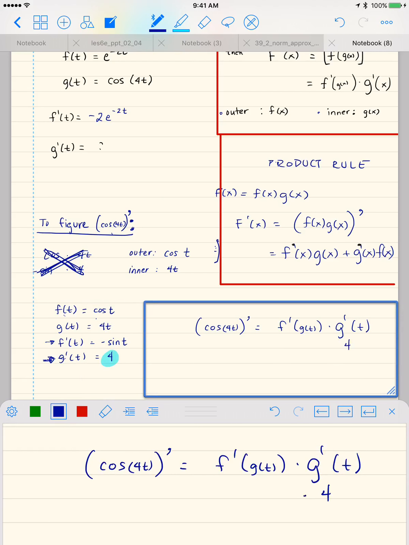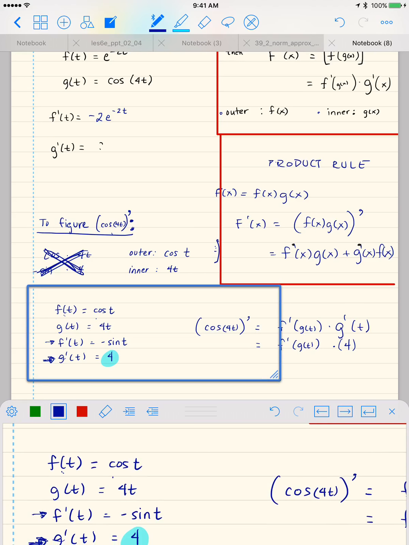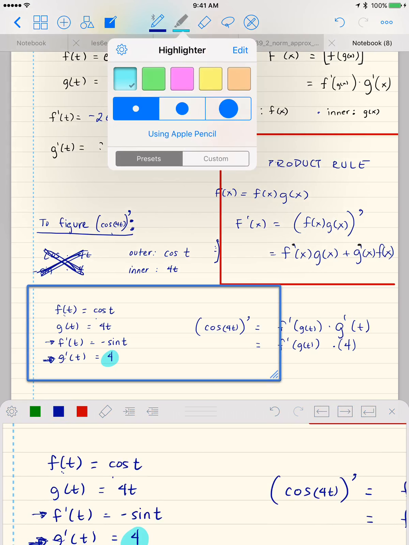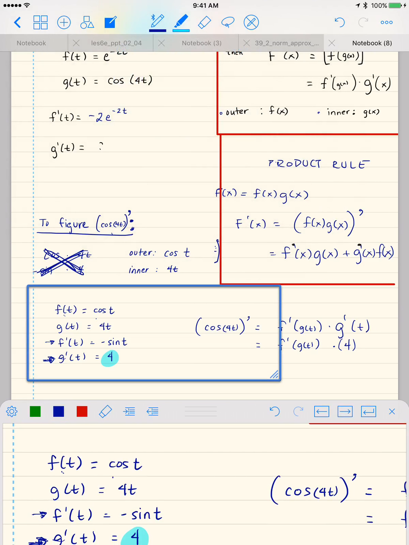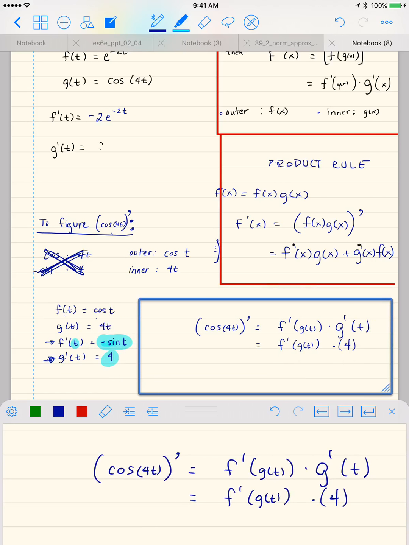So I've got 4 times f prime of g of t. My f prime of t is negative sine t. So if f prime of t is negative sine t, then f prime of g of t is going to be negative sine g of t.